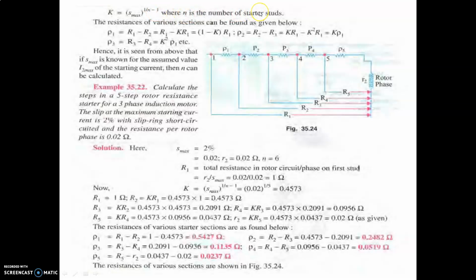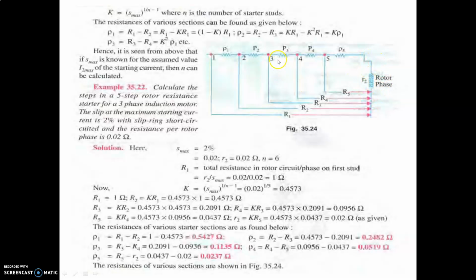N is the number of starter studs. So for example here, 1, 2, 3, 4 and 5, 5 studs are there, so there will be 6 steps: first step, second, third, fourth, fifth and sixth step. In the last step only the rotor resistance will be there.